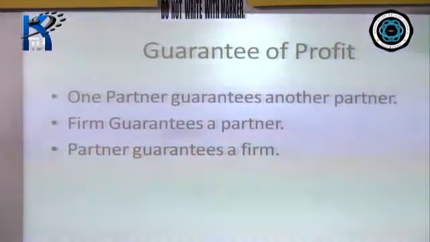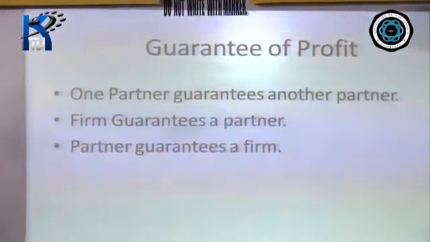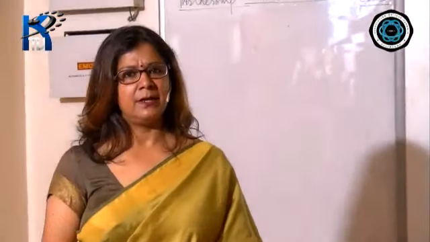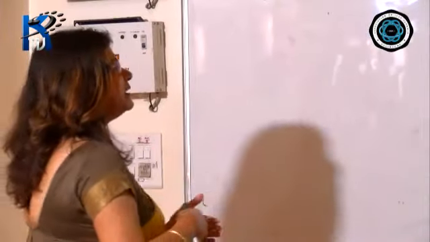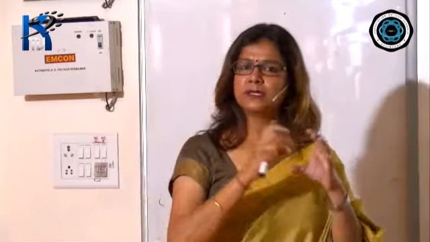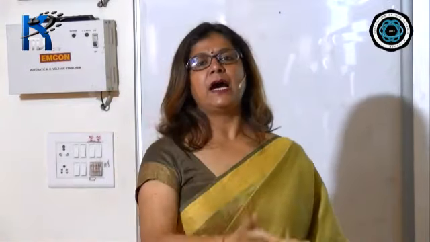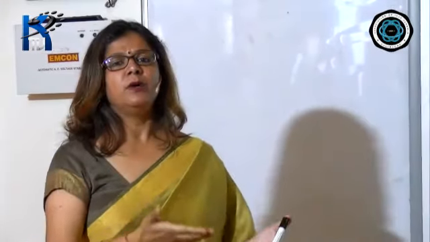Guarantee of profit. Now, there are 3 ways in which one guarantees. Guarantee basically means assurance. So, one partner guaranteeing another partner. What is the basic meaning? The meaning says, one partner says that, okay, I will be giving you the deficient amount if you don't get whatever is desired.